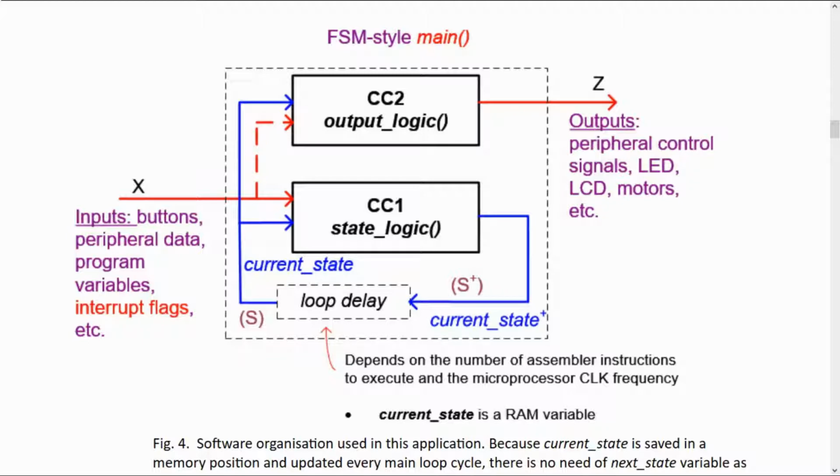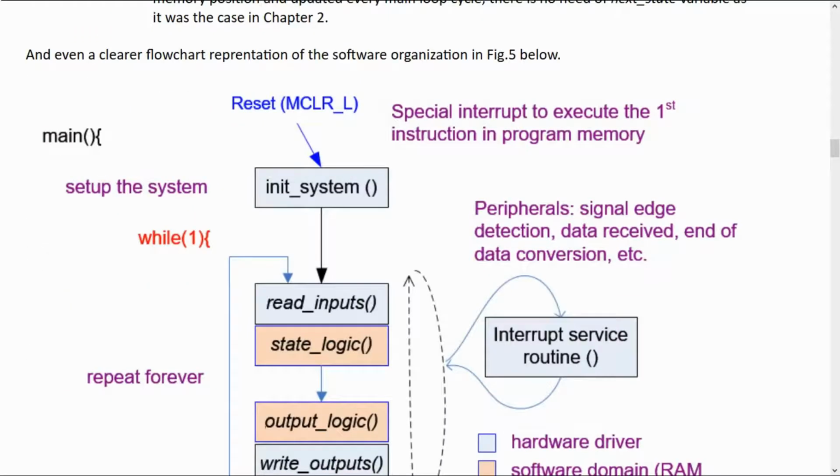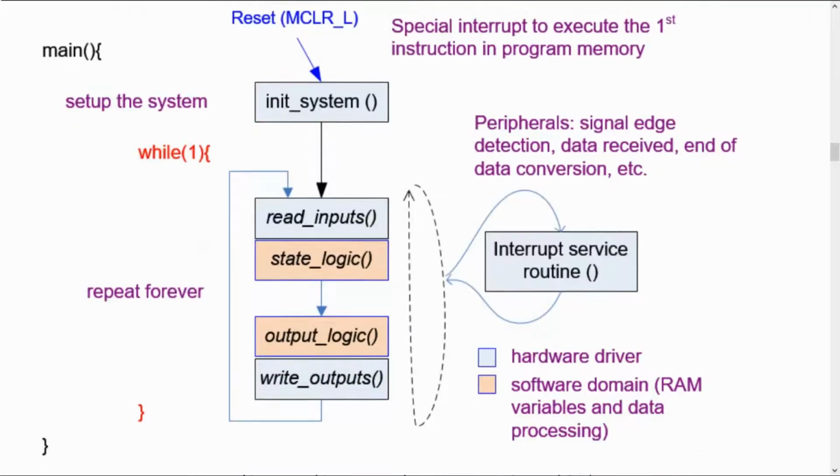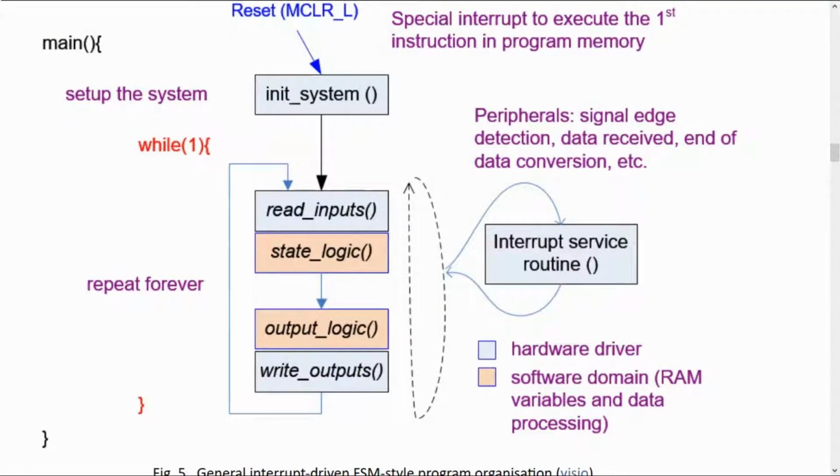So the idea is an infinite loop, the main loop, consisting of reading inputs, state logic, and writing outputs. This is what you will do again and again. Read inputs, this is what we call polling, because this function is embedded in the main code.